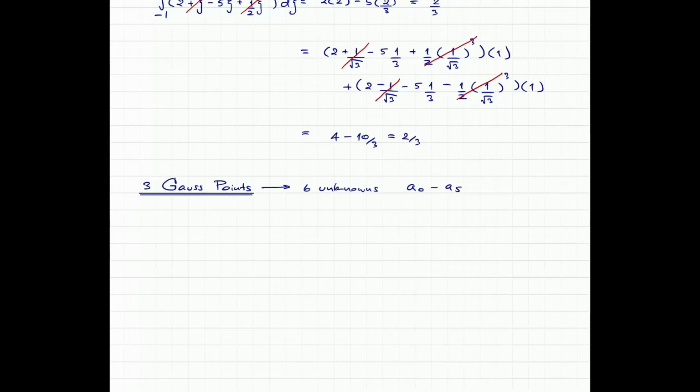The maximum order of polynomial is to the power of 5, right? Higher than that, it will be just an approximation. It will not be exact.